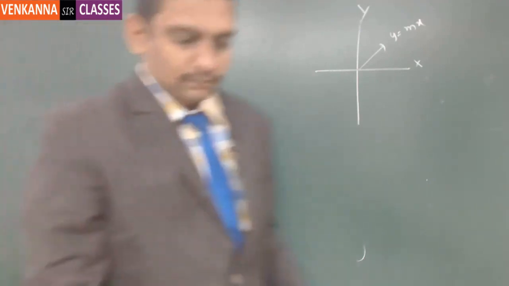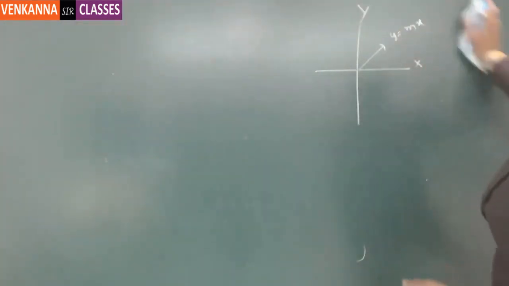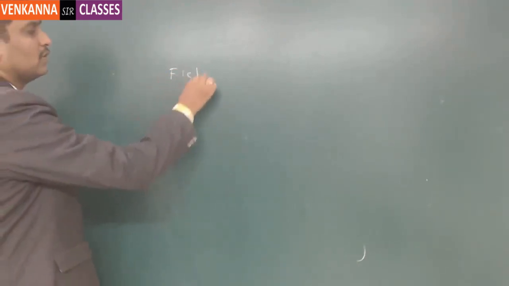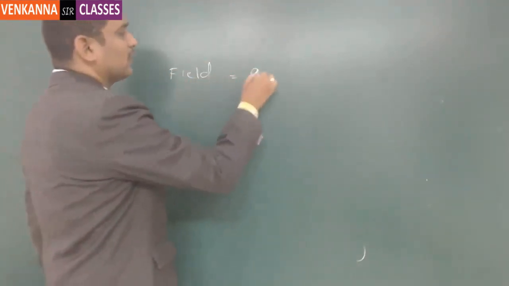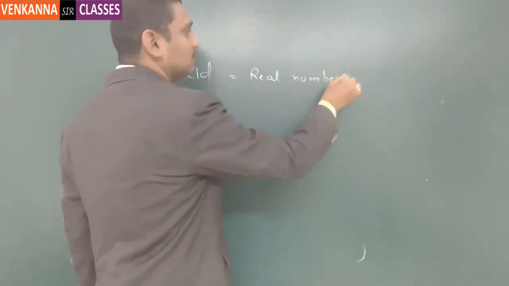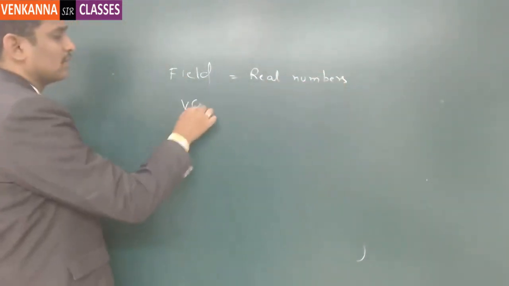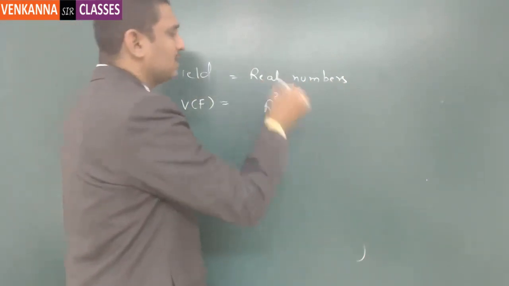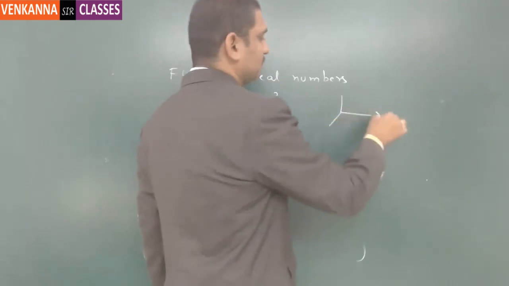Okay. Now let us take that. Suppose you consider field is equal to real numbers, vector space is equal to R cube, nothing but 3D space.